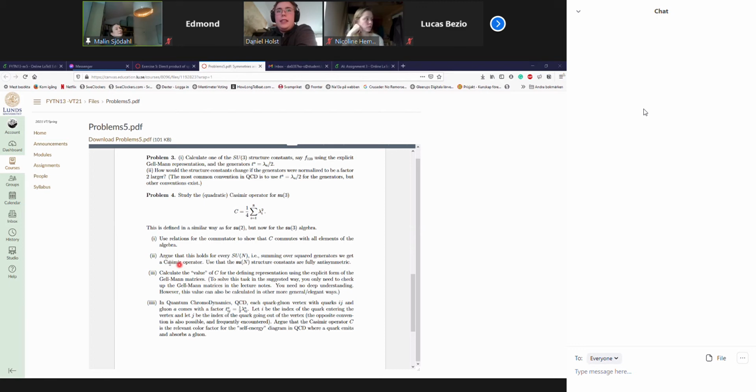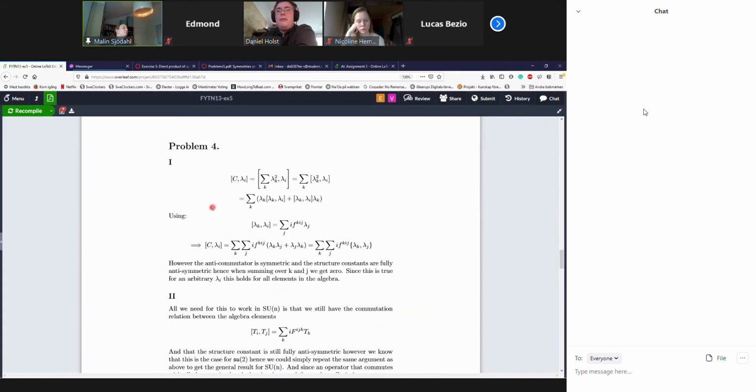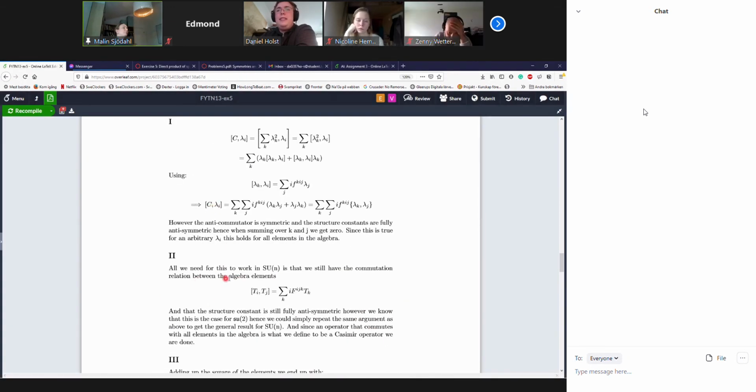Perfect. Okay. We should argue that this holds for every SU(N), i.e. summing over squares generates a Casimir operator. And then we are supposed to use that the structure constants are fully antisymmetric for SU(N). Well, all we need for this to hold for any n is the same commutation relation, because then we can simply reuse the same argument as above, writing our new C as the sum over squares of all the elements in the algebra.